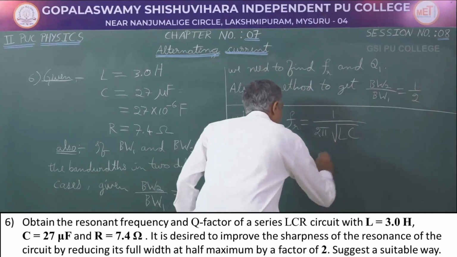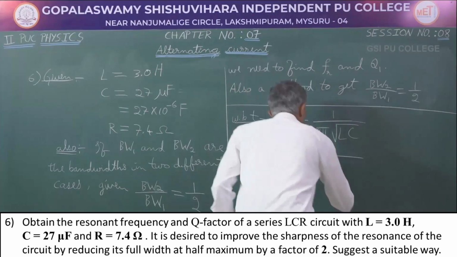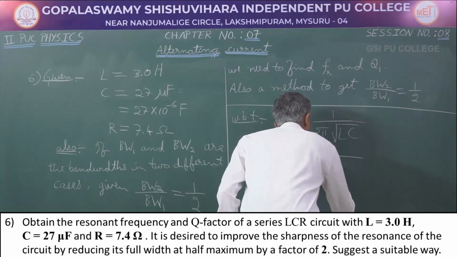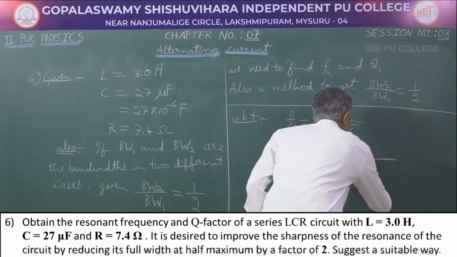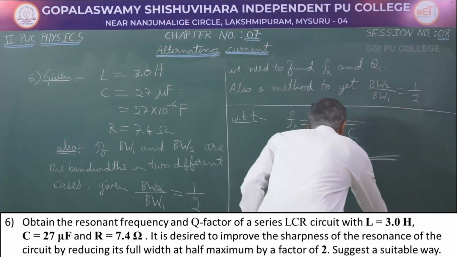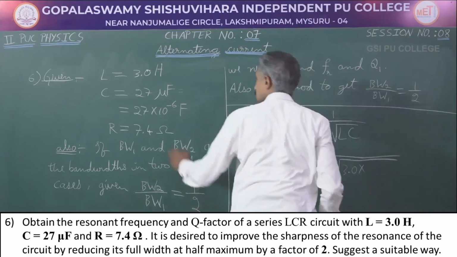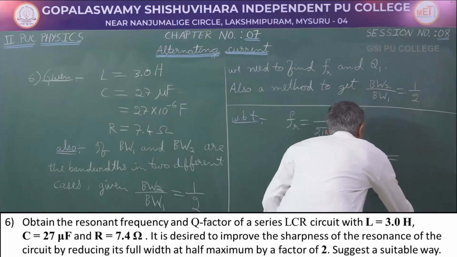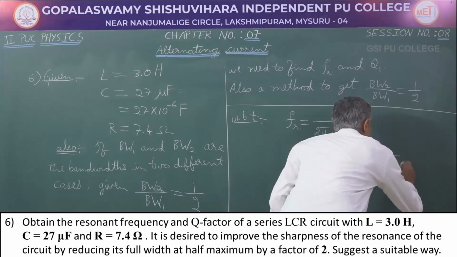So let us find out this, which is 1 divided by 2 pi into root of L C, where L is 3 and C is 27 micro, so 27 into 10 to the power minus 6.